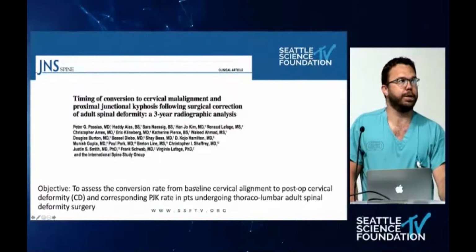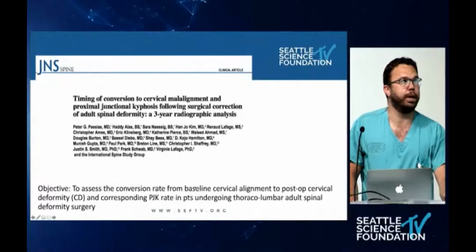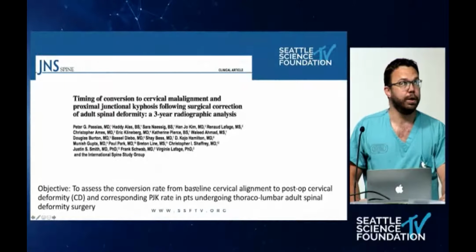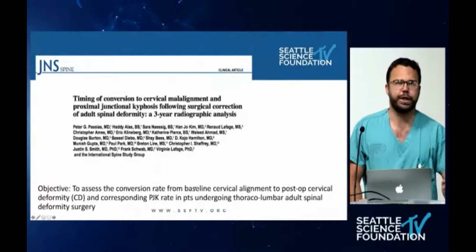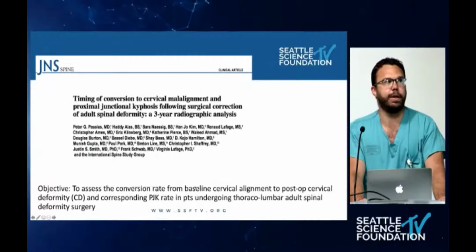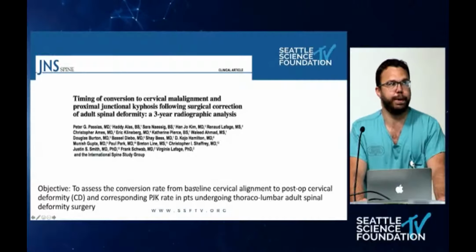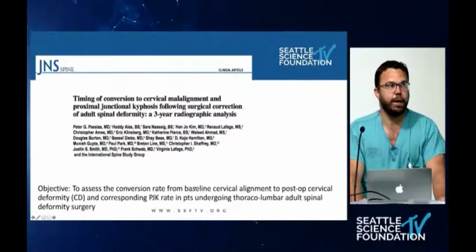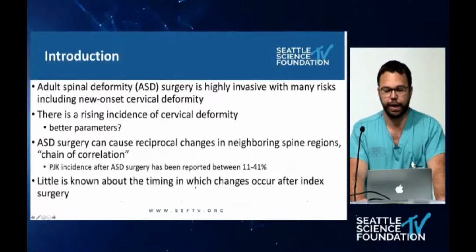From the International Spine Study Group, published in JNS Spine back in March of this year. The objective of this paper is to assess the conversion rate from baseline cervical alignment to post-op cervical deformity and the corresponding PJK rates in patients undergoing thoracolumbar spinal deformity correction.